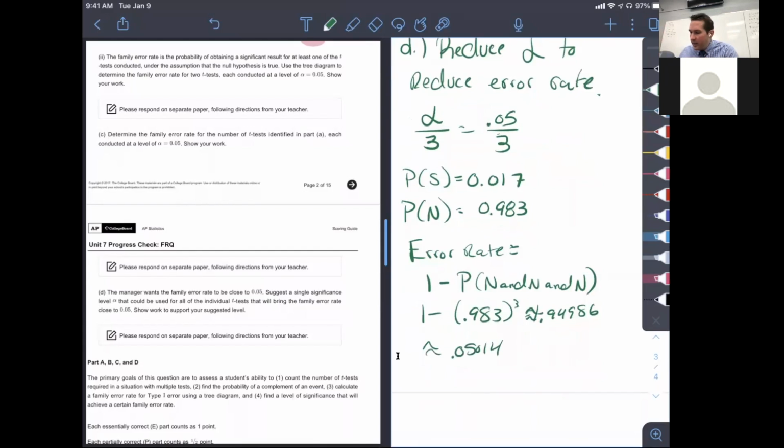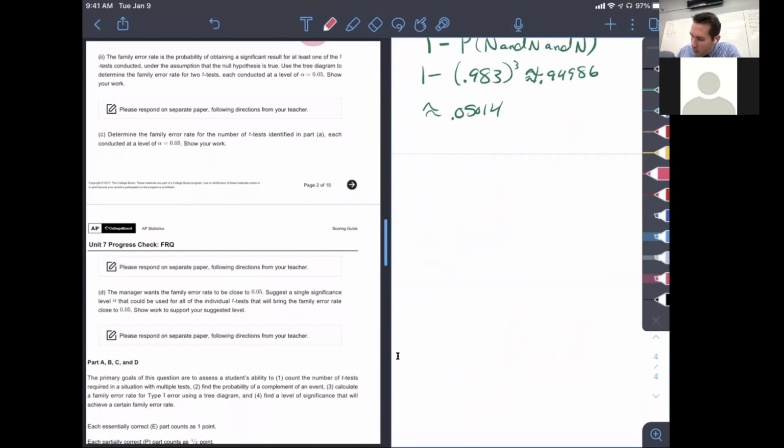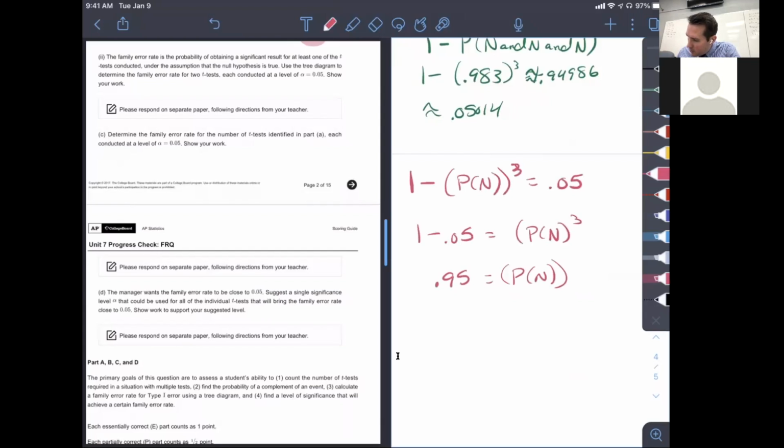Now again, is that the only way? No. So let me show you a slightly different way. If you knew that the error rate was the probability of not significant cubed, and we want to say that's equal to 0.05, we could just straight up do that math. So 1 minus 0.05 equals probability of n cubed, or 0.95 equals probability of n cubed, or the cubed root of 0.95 is equal to probability of n for not significant.